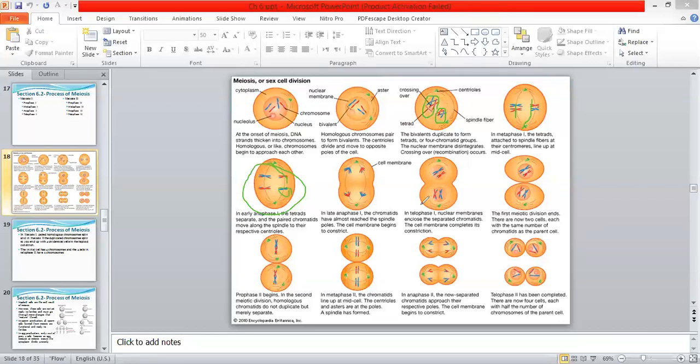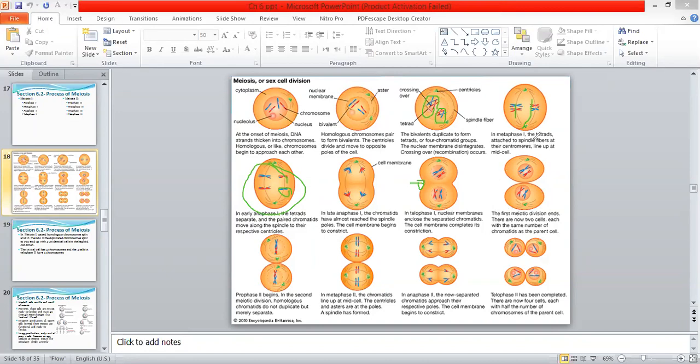Then the last phase of meiosis 1, telophase 1. In telophase 1, the cell begins to shrink from the middle to be ready to divide into two new cells. Telophase reverts prophase, so the processes that occur during prophase will be reversed in telophase. The spindle fibers will disappear, the nuclear membrane is formed again, and the nucleus is formed again, and then the cell undergoes cytokinesis, which means division of the cytoplasm, and the cell divides into two new cells.